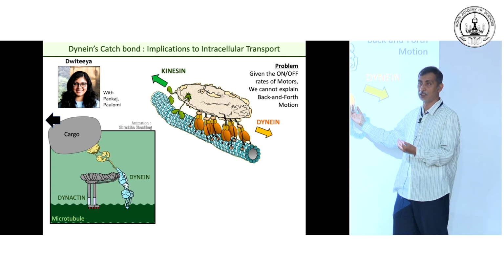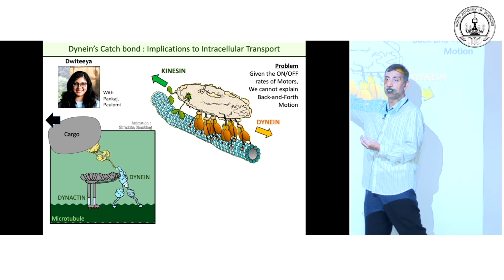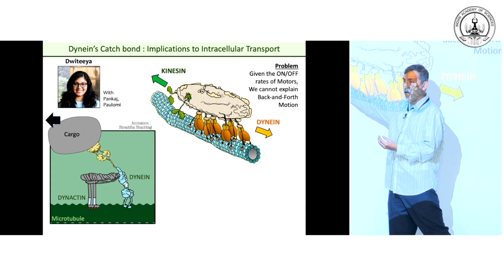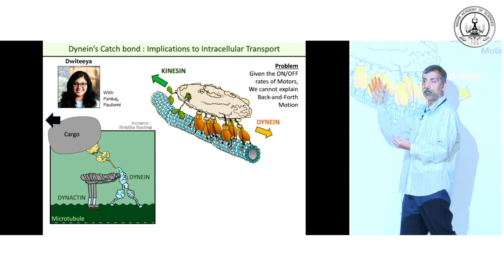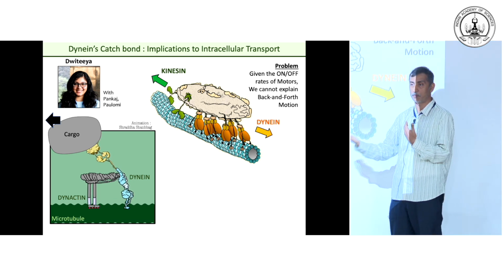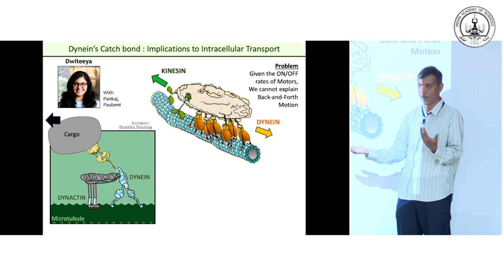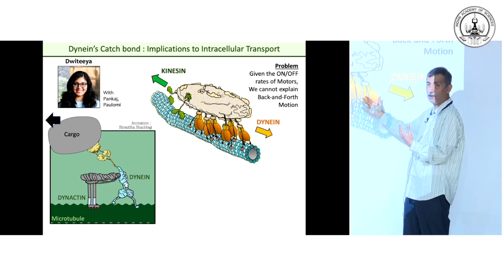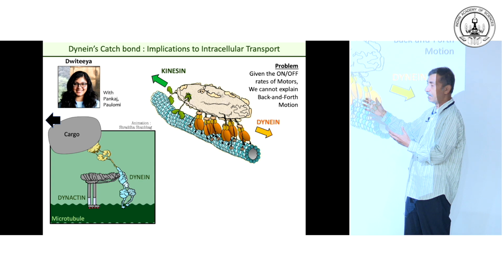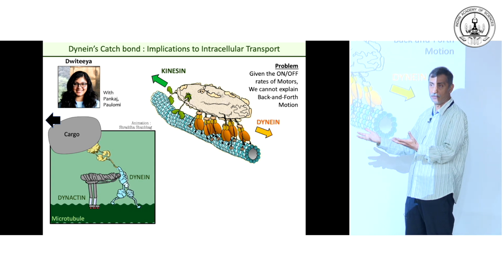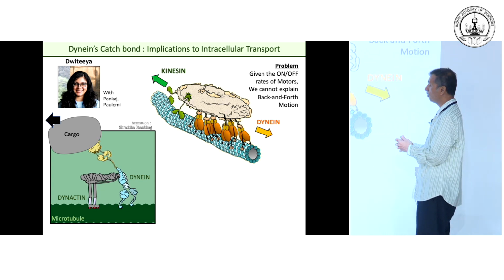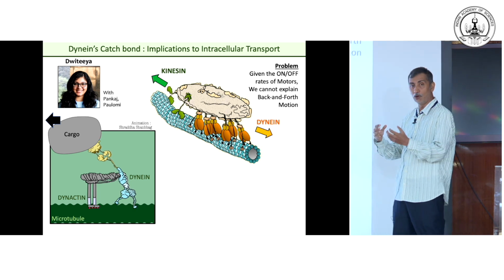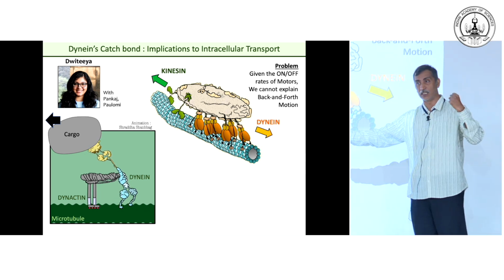The orange motors generate about 1/5 of the force that these green motors generate, and so having 1 or 2 here and 6 or 7 there is required. Otherwise, there is no competition ever. But once you have this force balance, these will never let go because any of them can attach, and the effective on rate becomes very high. Okay, so then what we realize, as I told you, is that these motors pull against each other.